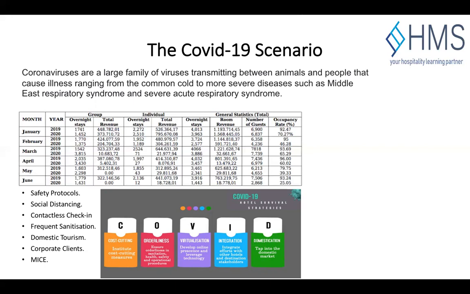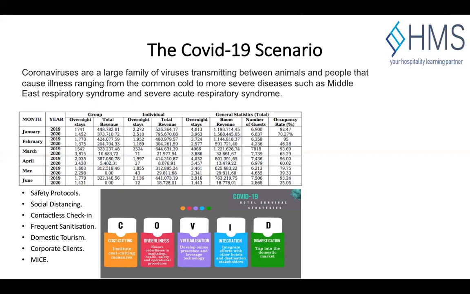Integration, integrate efforts with other hotels and destination stakeholders to engage in green practices, and also to make people aware that the hotel is COVID free, and sanitization and social distancing are in practice.